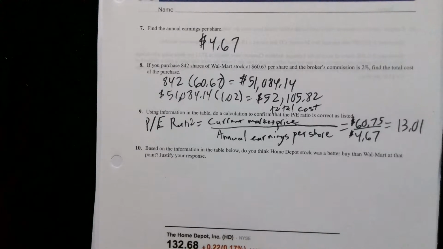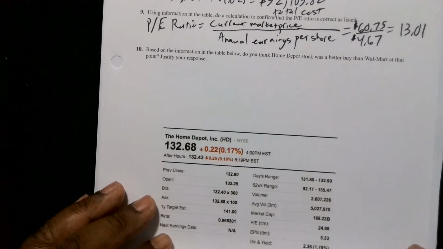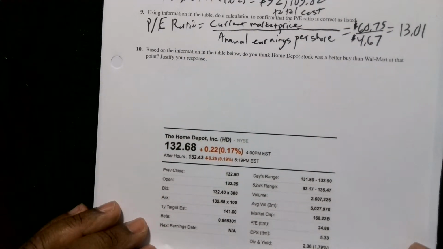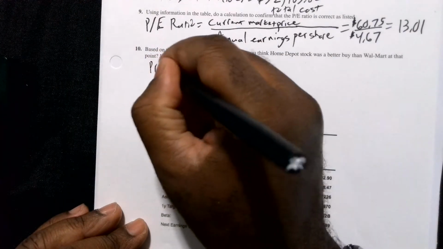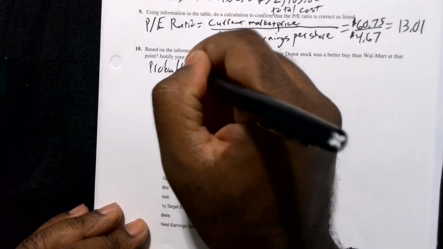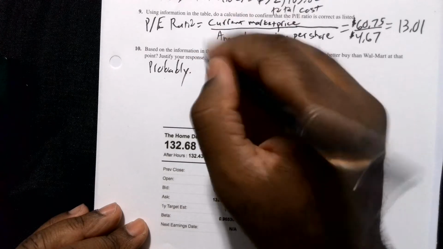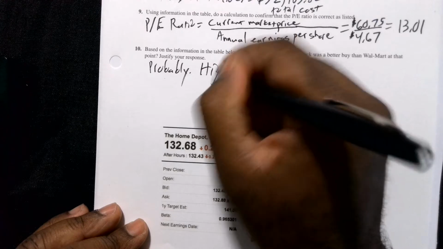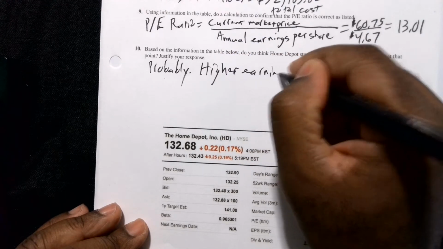Okay, now 10. Based on the information in the table below, do you think Home Depot stock was a better buy than Walmart at that point? Justify your response. And I will go probably. And the reason being is it has a higher earnings per share.